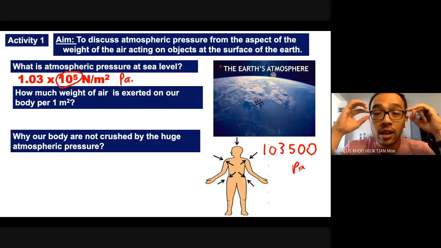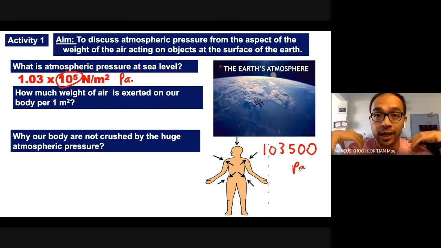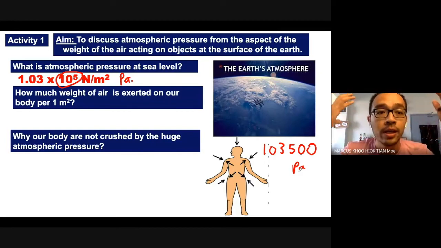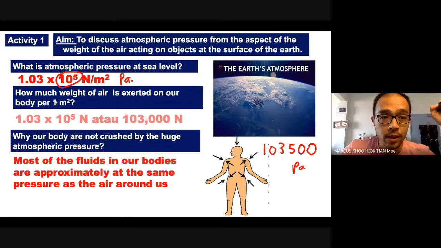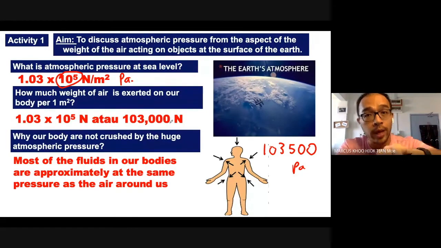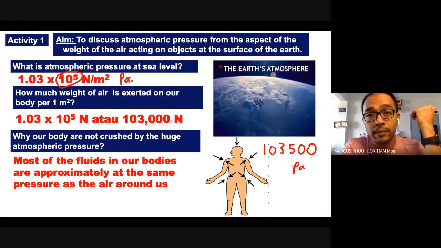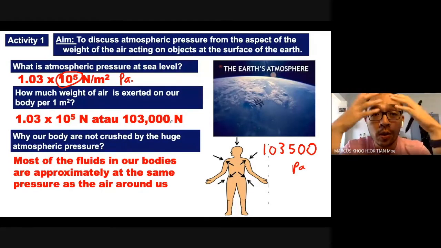Okay, that's a lot of pressure yang kita sebenarnya sedang menanggung sekarang. It is a big amount. Okay, how much weight of air is exerted on our body per 1 meter squared? Okay, it is about 103,000 newtons for every meter squared of your body.